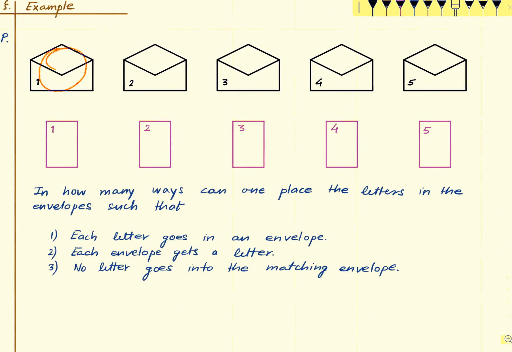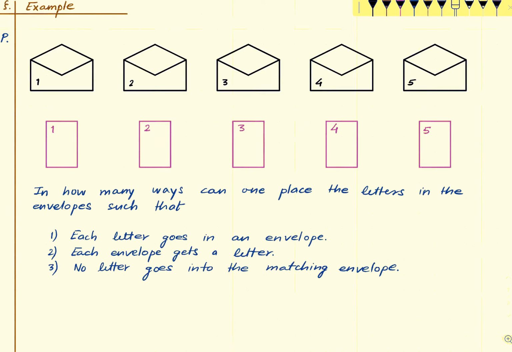Suppose we have 5 envelopes and 5 letters, and the envelopes as well as the letters are marked with numbers from 1 to 5. So the letter 1 belongs in the first envelope, 2 in the second one, and so on.